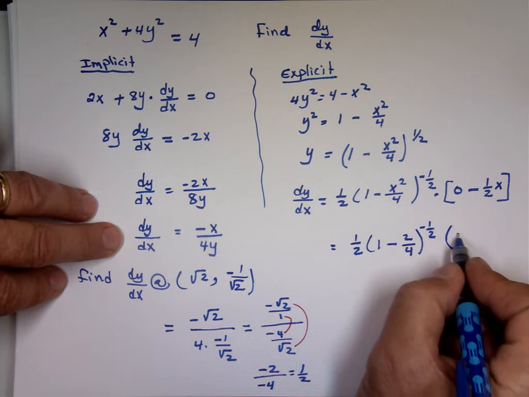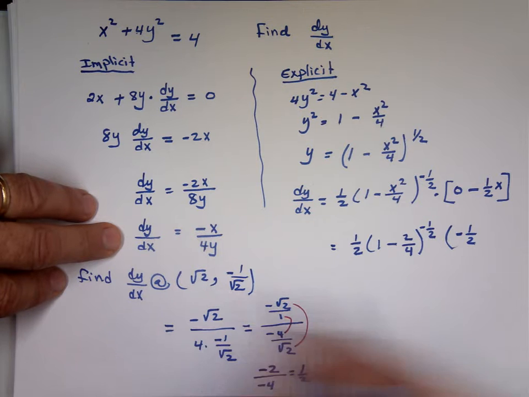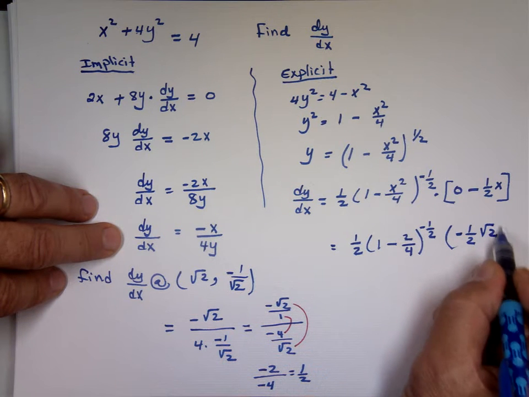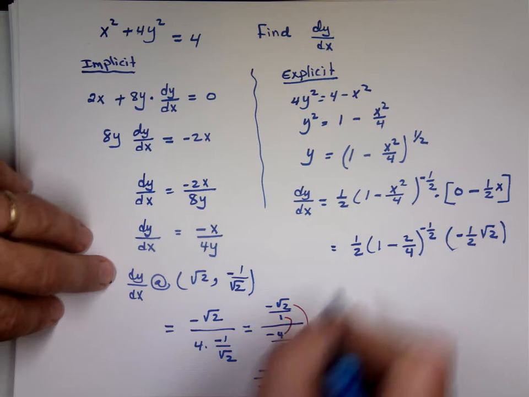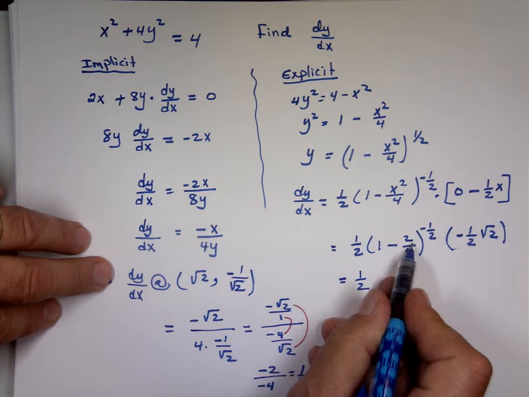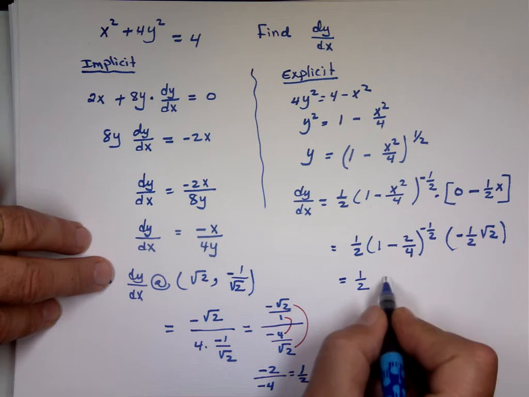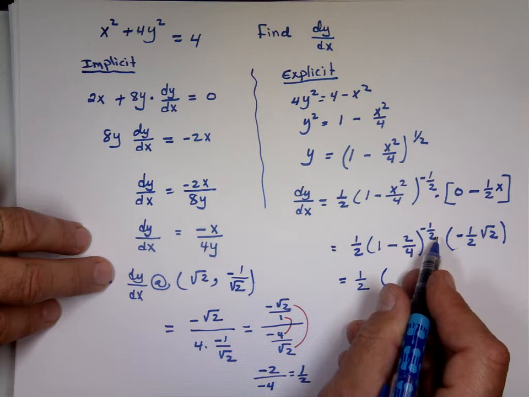And this is negative 1/2 times the square root of 2. What's 1 minus 1/2? Is that a half? To the negative 1/2.